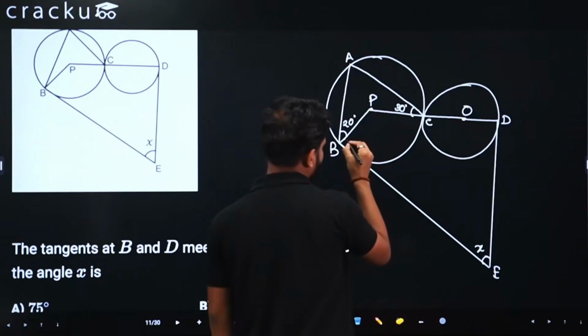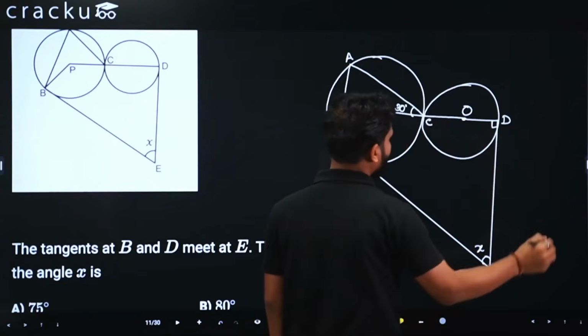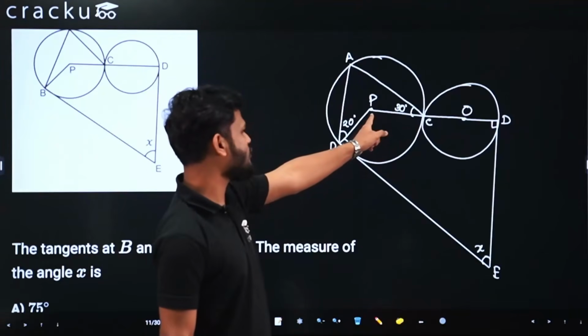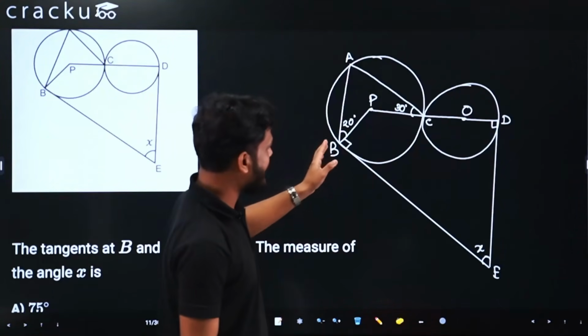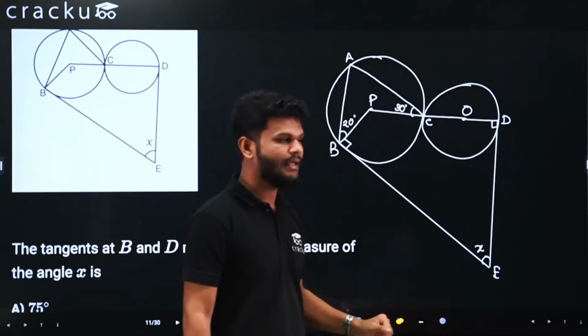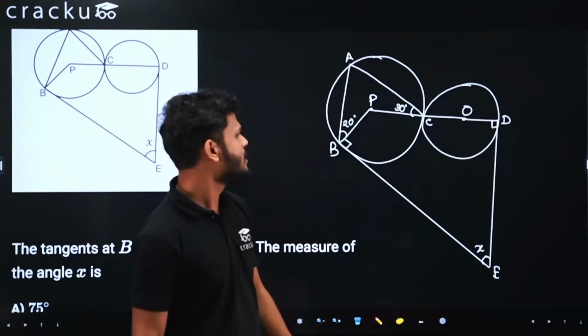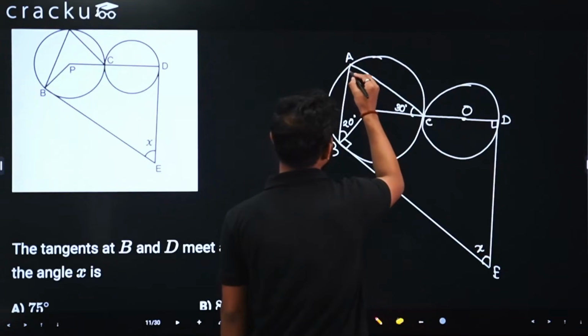So I can say radius is perpendicular to the tangent, and here also radius is perpendicular to the tangent. Now, if we are able to find out the measure of angle BPD, then in the quadrilateral BPDE, we know 3 angles and then we can find the 4th angle. Let us try to find this one. Let us say this angle is Y.